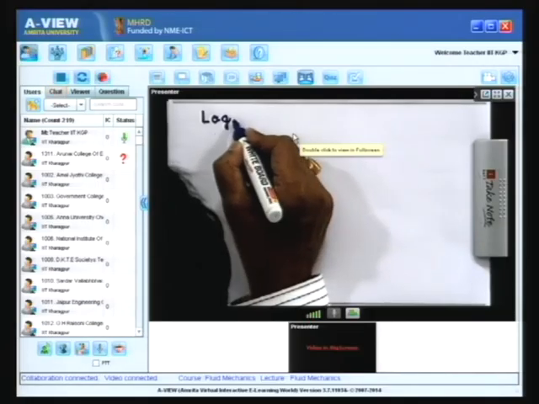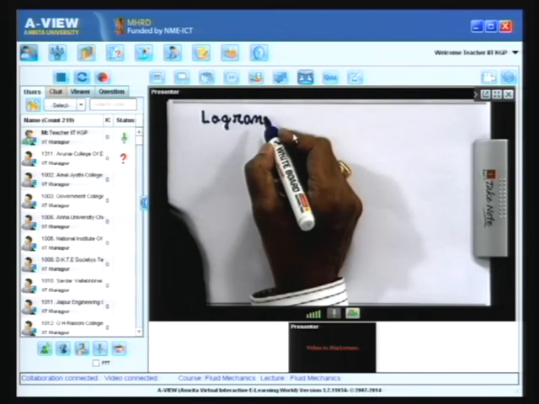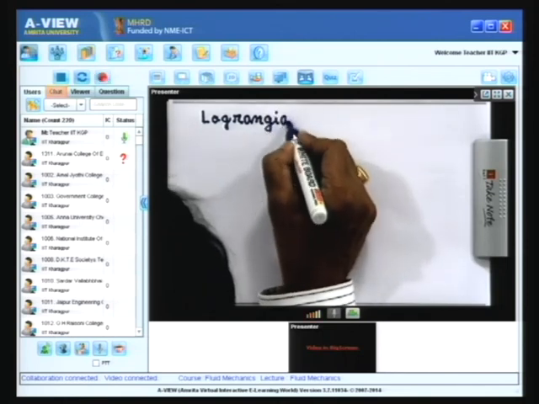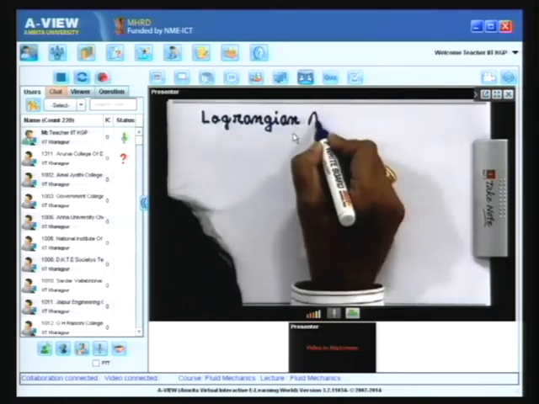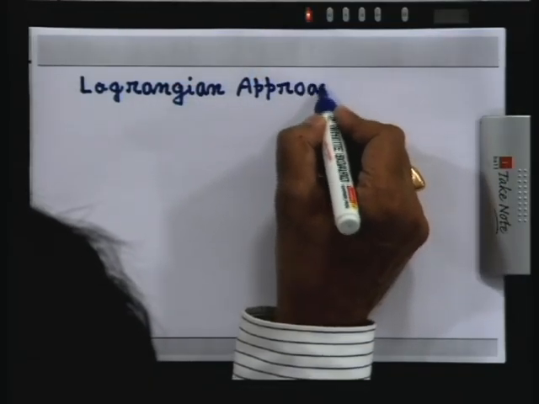Let us see what the approaches are. First, start with the Lagrangian approach, or Lagrangian method, whatever you call it.